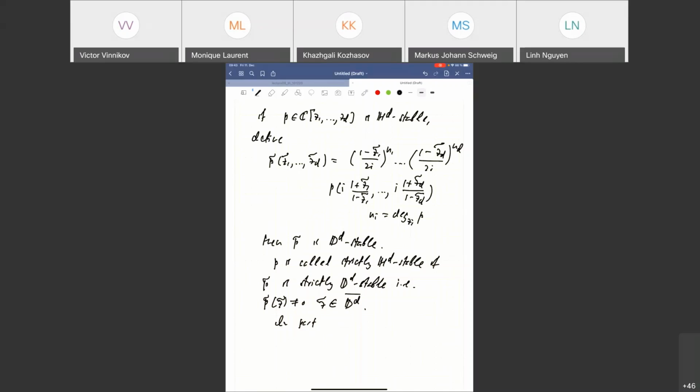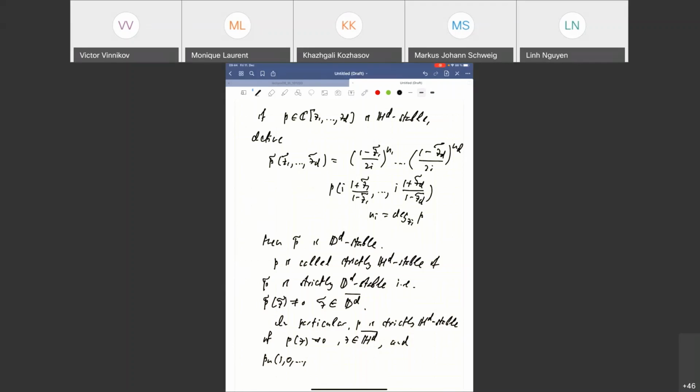Now those non-vanishing conditions at infinity are a little bit tricky to analyze, but what is true, in particular, is that P is strictly H^d stable if it does not vanish for all z in the H^d closure, and if we look at its leading homogeneous component, right? It's a polynomial of degree n, so it breaks into homogeneous pieces.